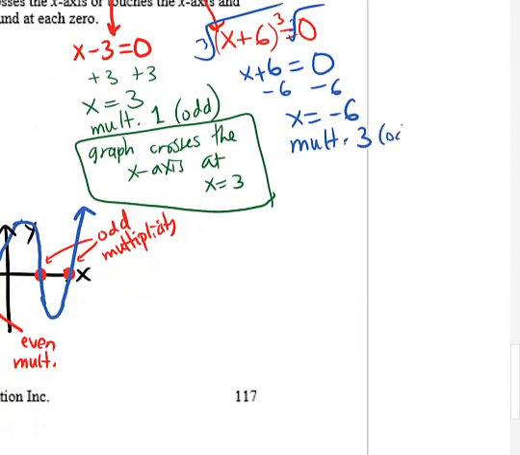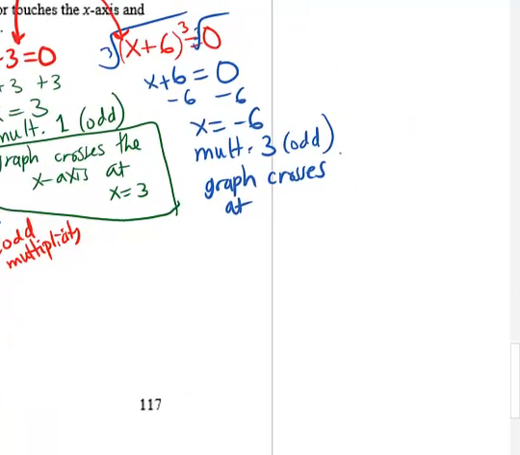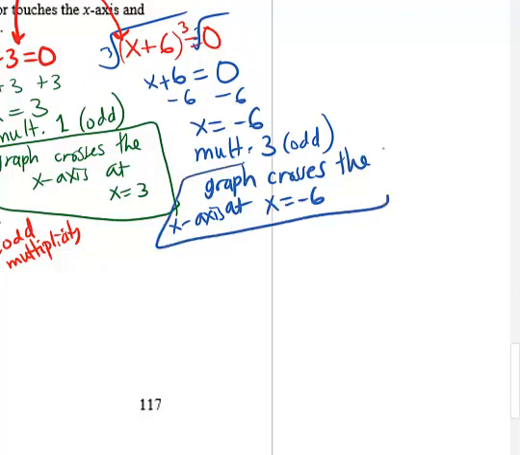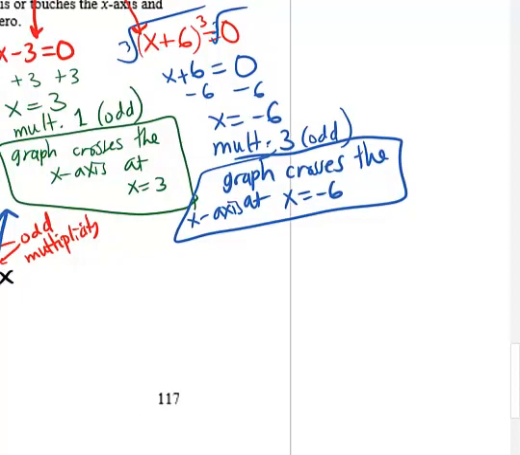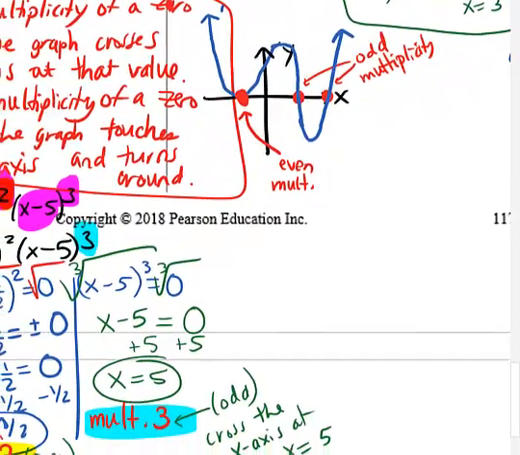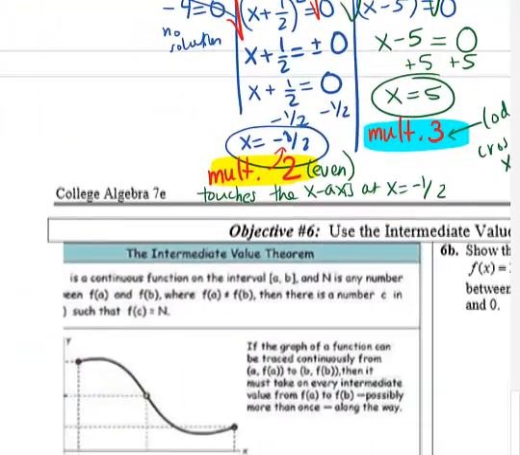But that's also an odd number, so the graph still crosses the x-axis at x equals -6. That one was a lot easier, huh? A lot of math gets easier the more you do it.